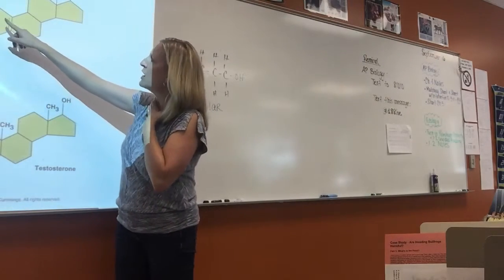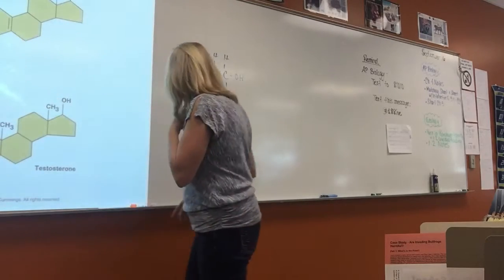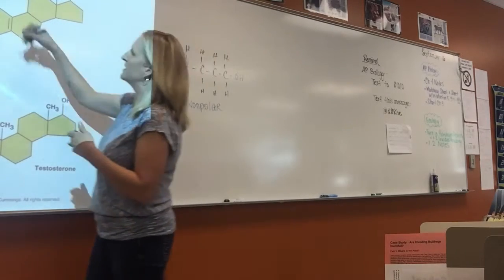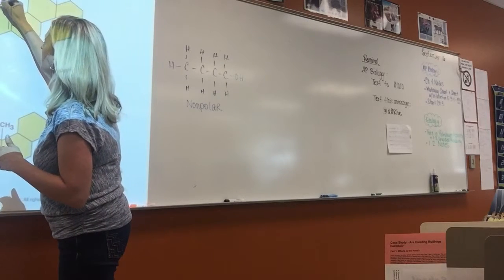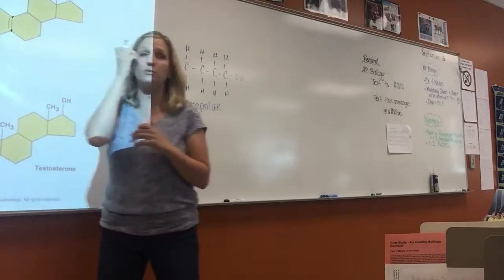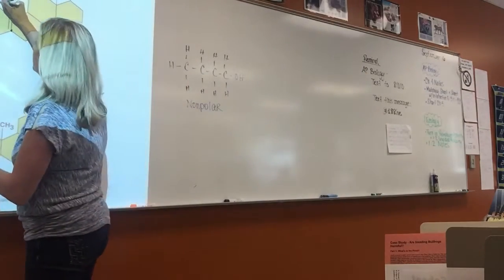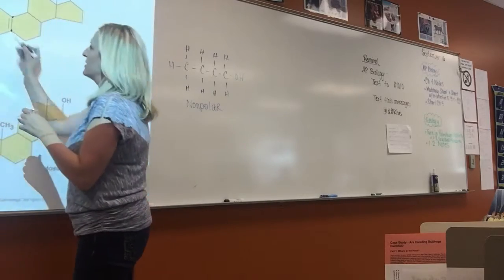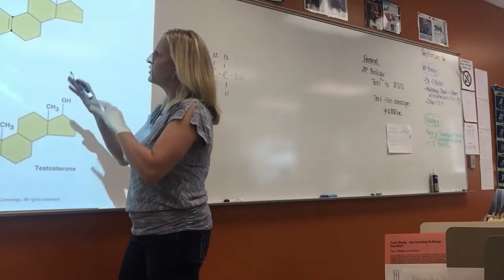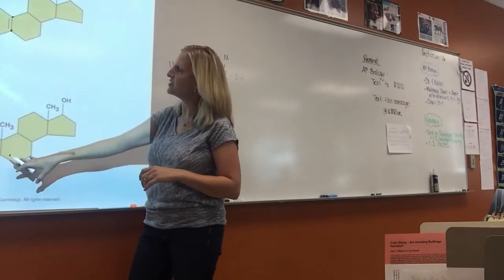And so you can see here that there are 4 fused rings. This is actually an example of a lipid that we'll talk about later, but in each one of these rings, the point represents a carbon atom. They just shorthand it like that. So this is a carbon ring, and they have double bonds and so on, and they're only showing you the parts that are important in the difference between these two.